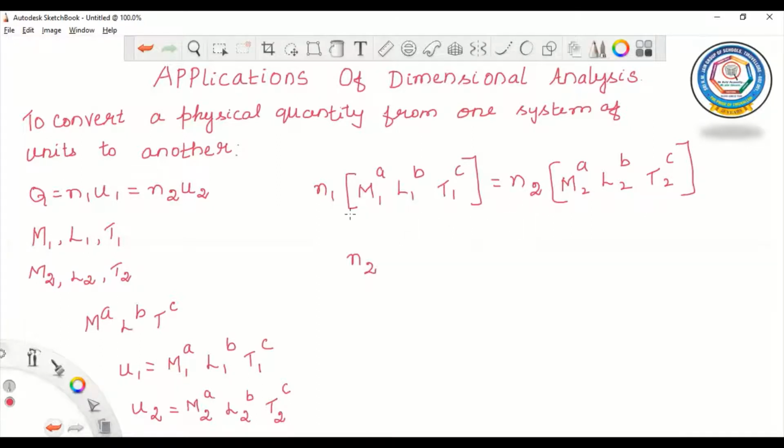So, we are going to convert a physical quantity from one system to the other system.